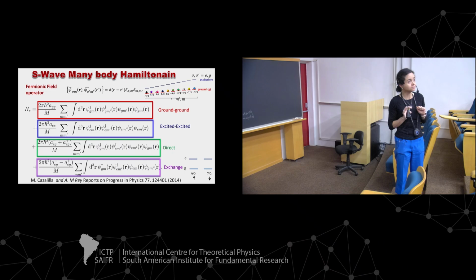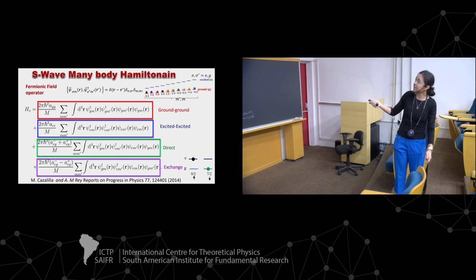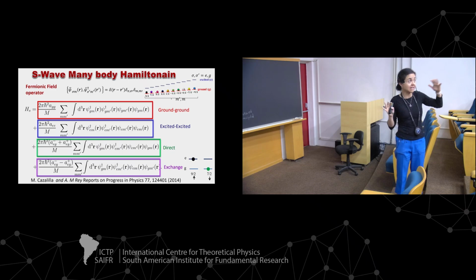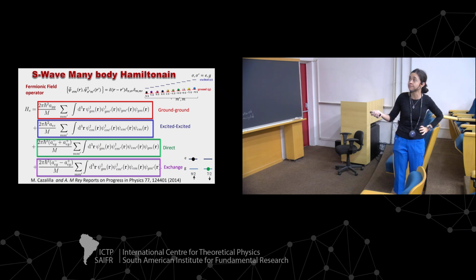But then there is the exchange term that destroys a particle in M prime in G, destroys a particle in E in M, and creates a particle in E in M prime and a particle in G in M, switching the spin. So what happens with these terms is that if I have a particle in 9/2 in E and a particle in 7/2 in G, this term is doing these flips. This exchange process is at the heart of many of the Hamiltonians that we are going to write for alkaline earth atoms with nuclear spin states.